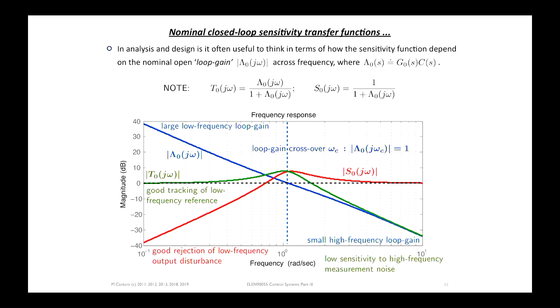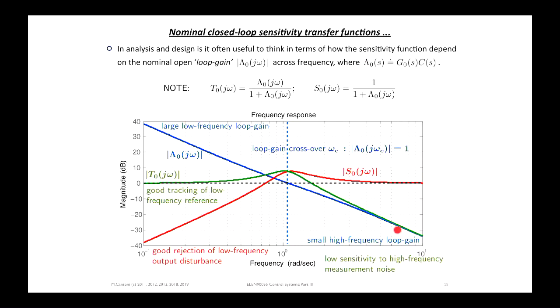S tells you about the sensitivity of the output signal to an output disturbance. Typically output disturbances are low frequency signals, so at low frequencies we want S to be small. And that can be achieved by just choosing a compensator that makes lambda large at low frequencies.